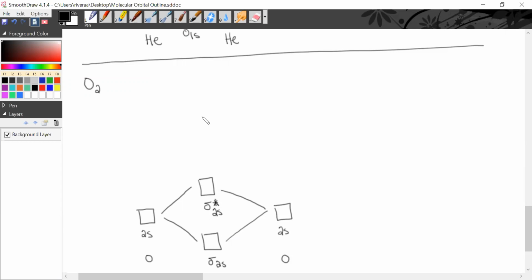But now, higher energy than the 2s is the 2p, right? Oxygen has a 2p as well. So here are my oxygen 2p atomic orbitals.